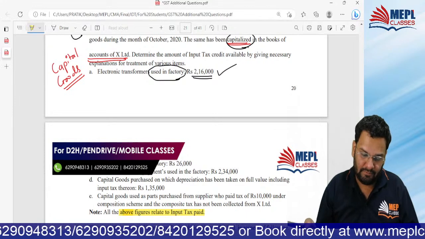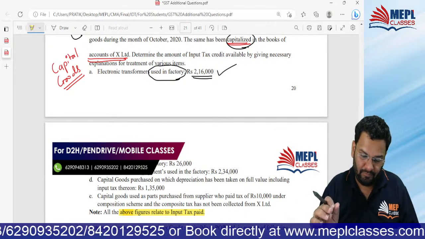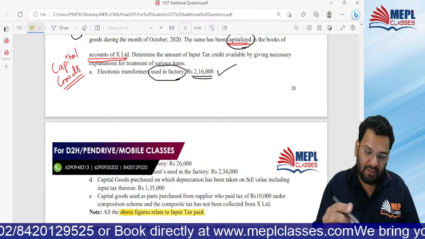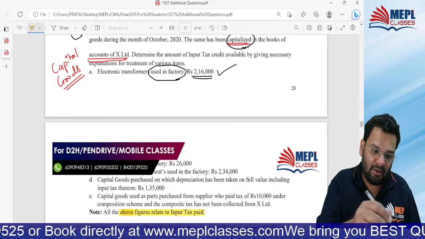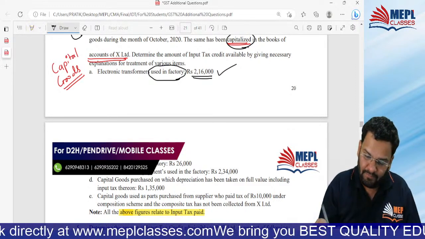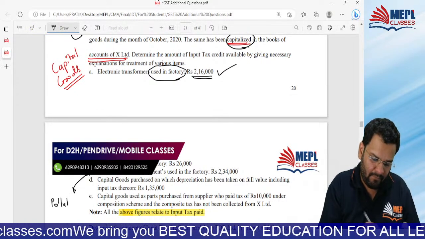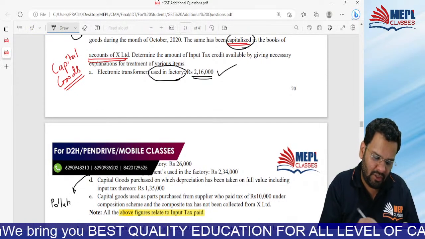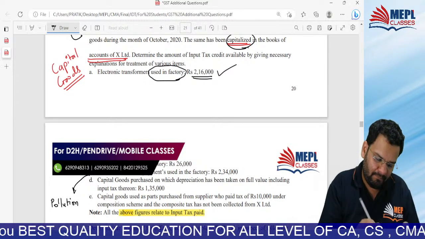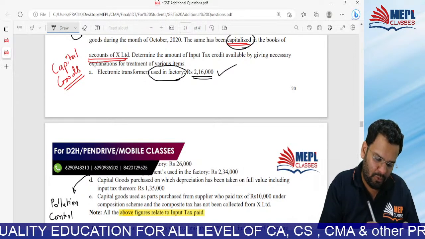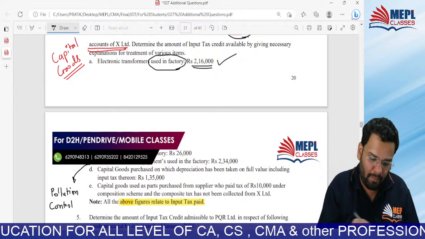Somehow that B and C point. I will tell you what is C point. It is somehow not visible here. This C point was pollution control equipment.